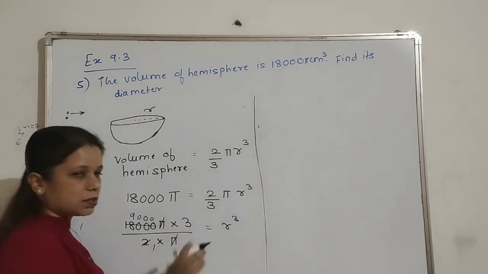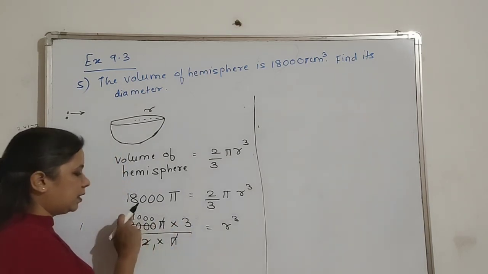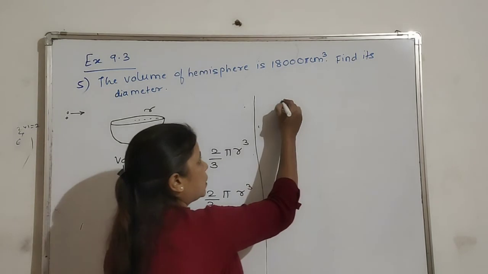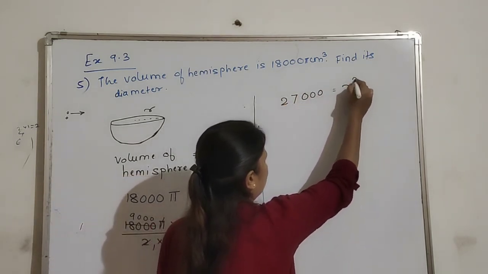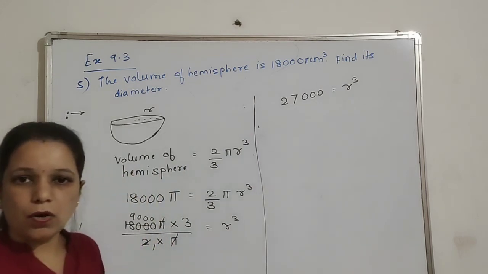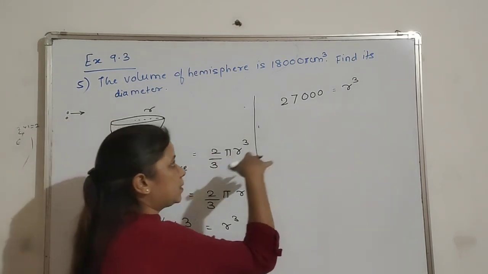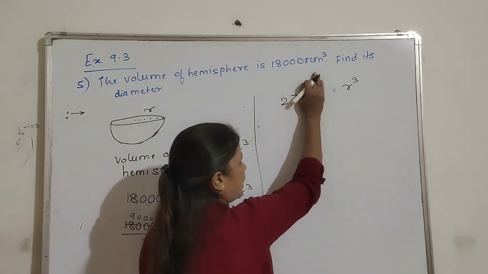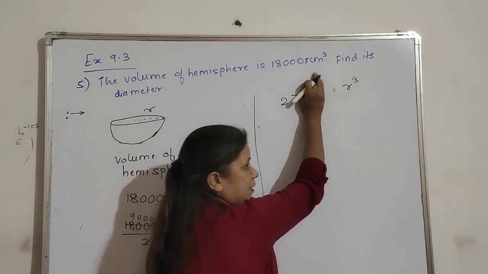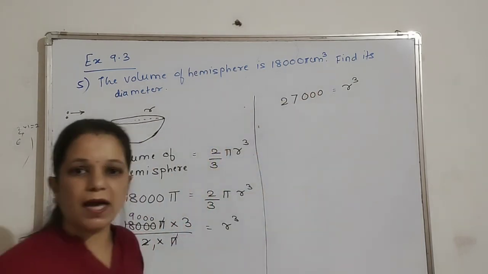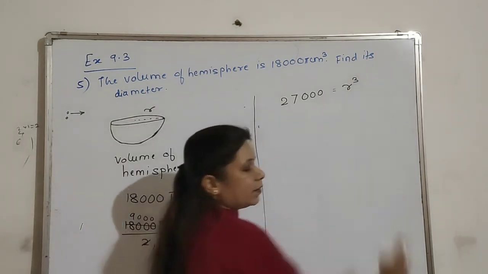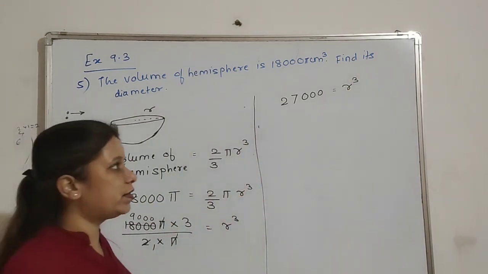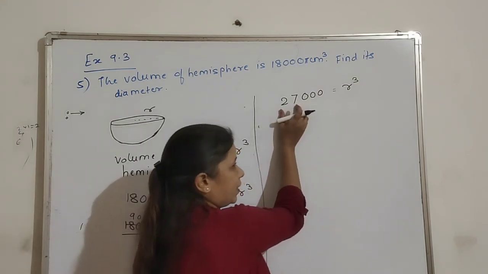Now the calculation is pretty simple. 9 threes are 27, 3 zeros, is equal to r cube. Okay, and now we have to take the cube root of 27. The cube root of 27 is 3, because here you have r cube, so we are going to take cube root of 27.